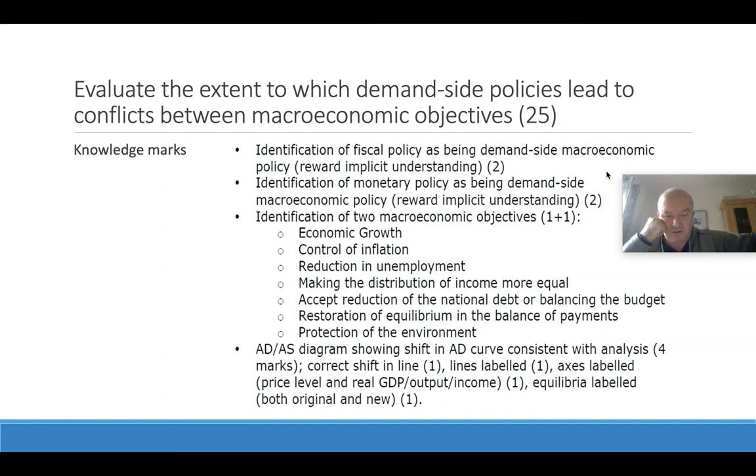So it's breaking down knowledge marks into identification of, in this case, fiscal policy being demand side policy, and then also looking at monetary policy as an option, and then also considering the different types of macroeconomic objective that we might include. Okay, clearly there is then the option of looking at AD and AS diagrams showing the shift in AD, and obviously making sure that you're narrating that within your answer is clearly a good option.